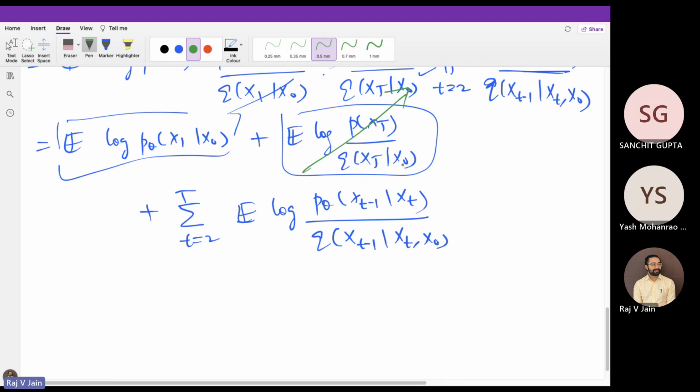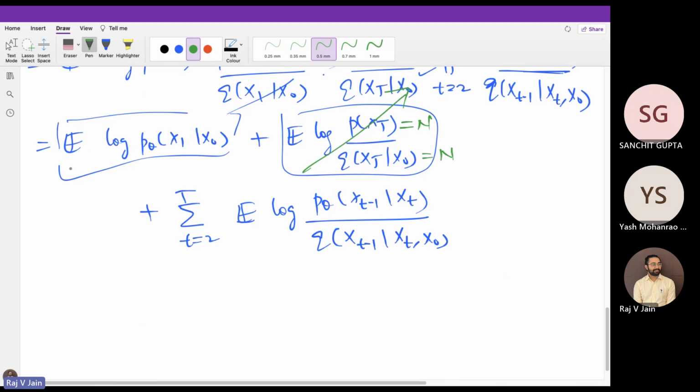Do you have any dependence on the parameters of the neural network, theta, coming up anywhere here? No, right? Because this is a fixed Gaussian and q doesn't depend on theta at all in any way. So this is free of that.